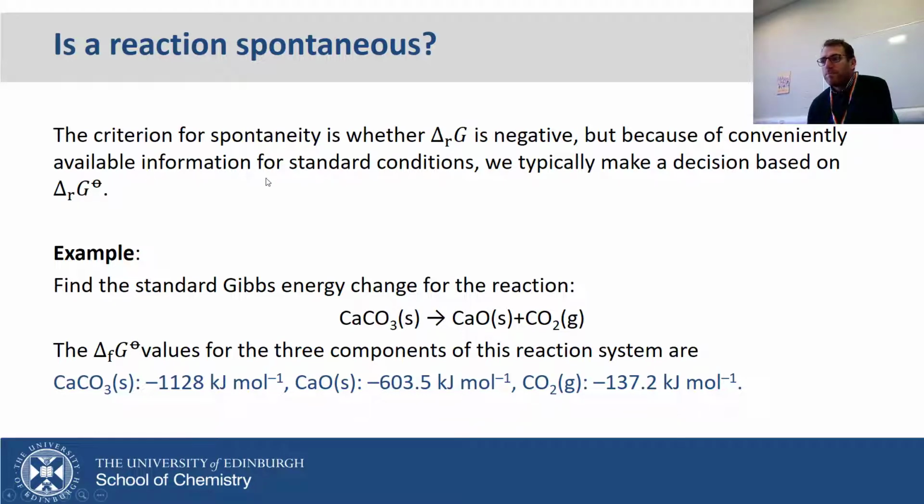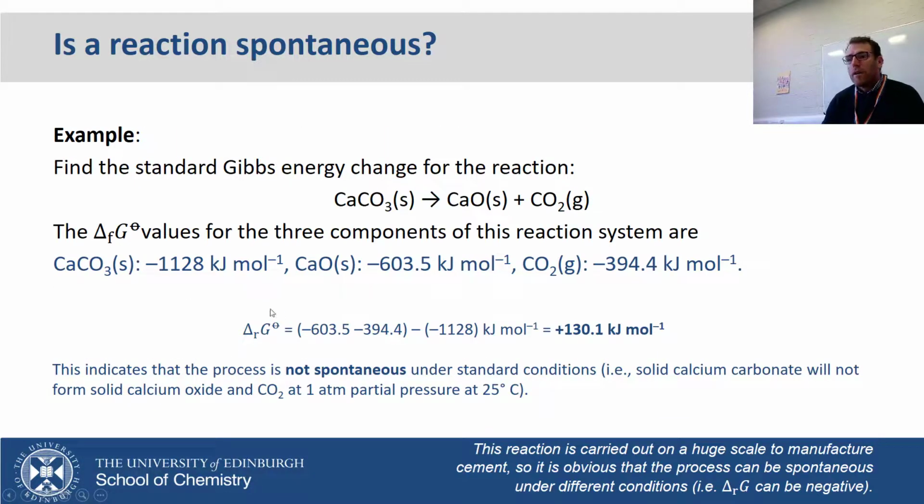So for example, here we can use standard values for delta G and work out, using the Gibbs free energy of formation values of reactants and products, products minus reactants, our delta G value. We find here it's very highly positive, so clearly this is not going to be a spontaneous reaction under the conditions.